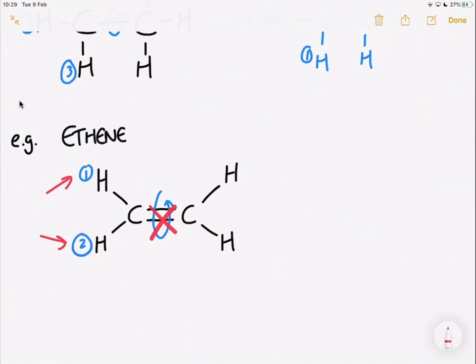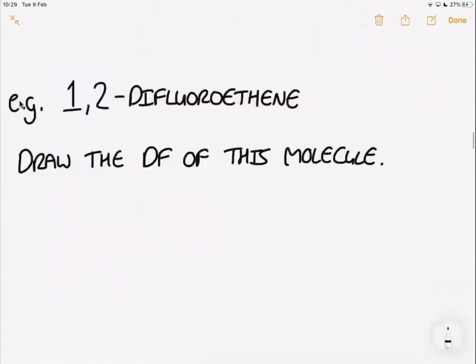We're going to use some specific molecules to try and explain this. So here's a mini task for you. If we think about the haloalkene 1,2-difluoroethene, my task is to draw the displayed formula of this molecule. Don't worry what you come up with, just try and draw it. Pause the video and have a go.